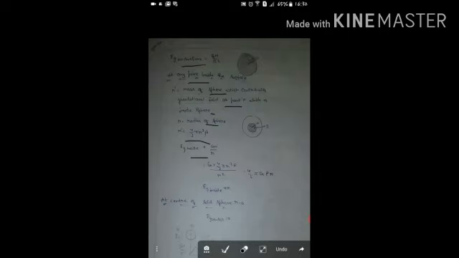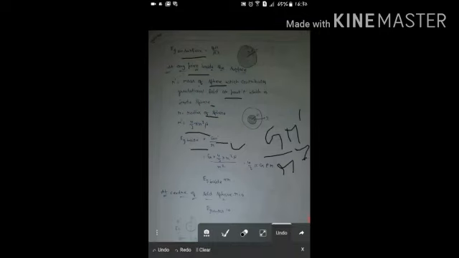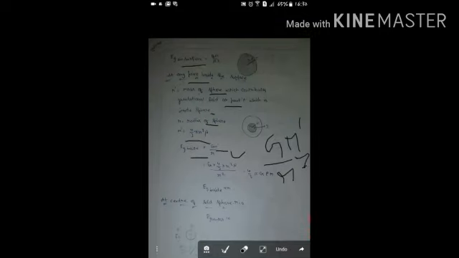Here if you substitute into G M dash by r square, I have not written it, sorry, we get 4 by 3 pi G rho r. Eg inside is directly proportional to r.